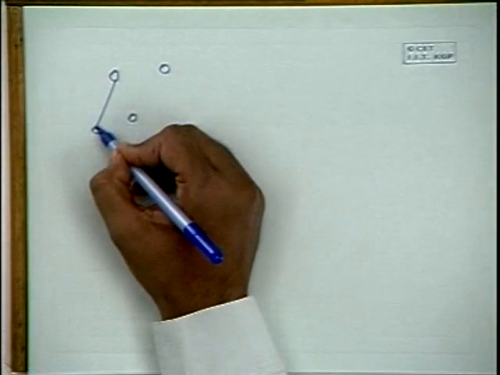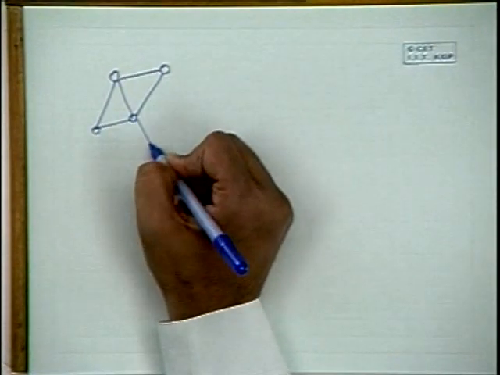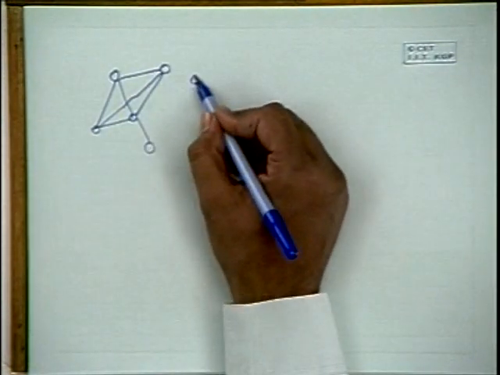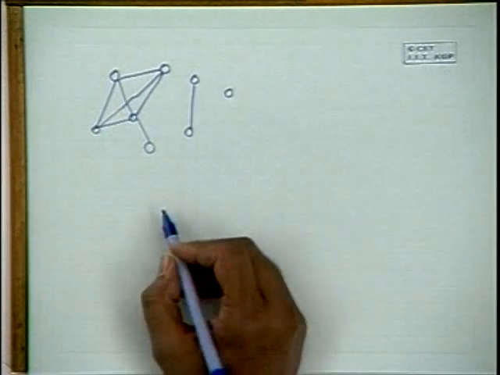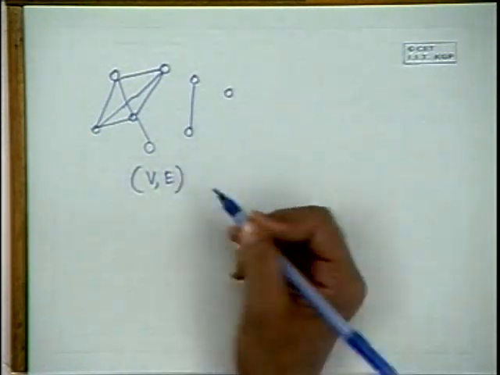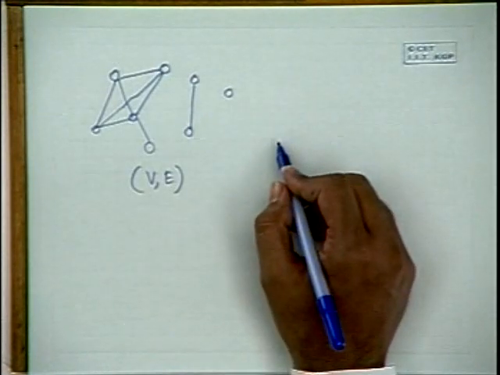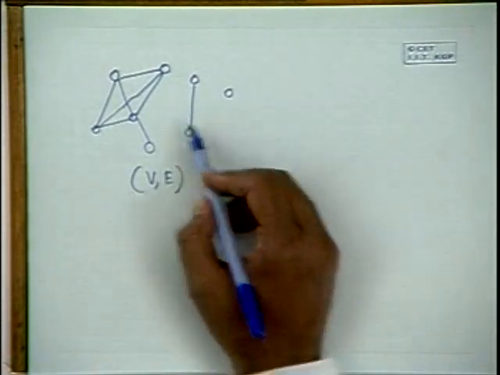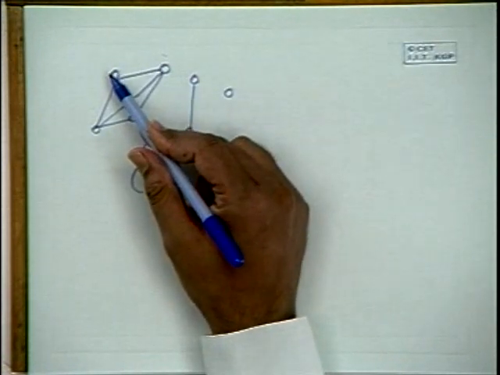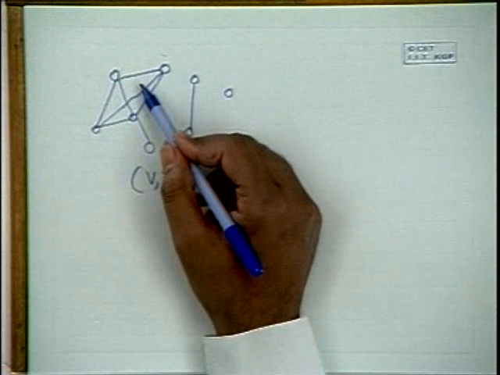So suppose this is the graph. This is a graph G = (V, E). How many connected components does this graph have? 3. Because each is a maximal subset of vertices such that any two vertices are pairwise connected.